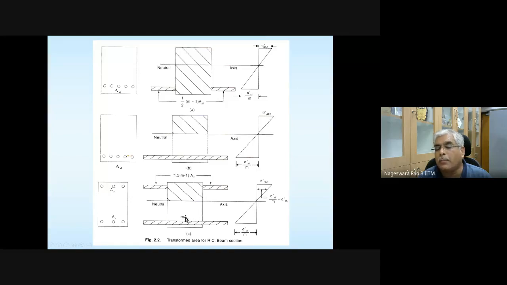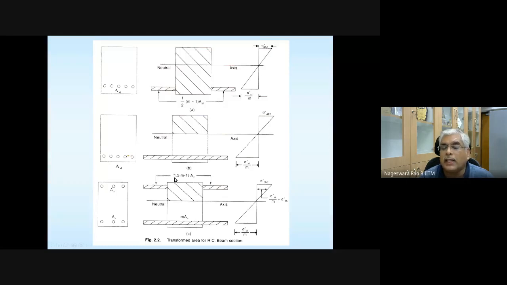So that's why m minus 1 is not there. And in the top portion, steel is there. What is our understanding so far? Whatever area of steel you have, you multiply with modular ratio, and if you want to take care of the concrete that is replaced by the steel, then you write it as m minus 1 times area of steel.